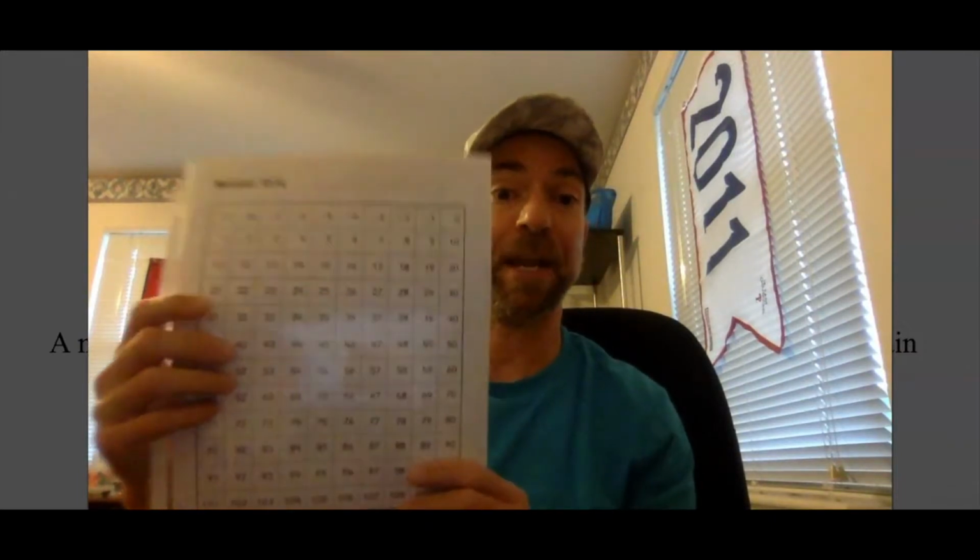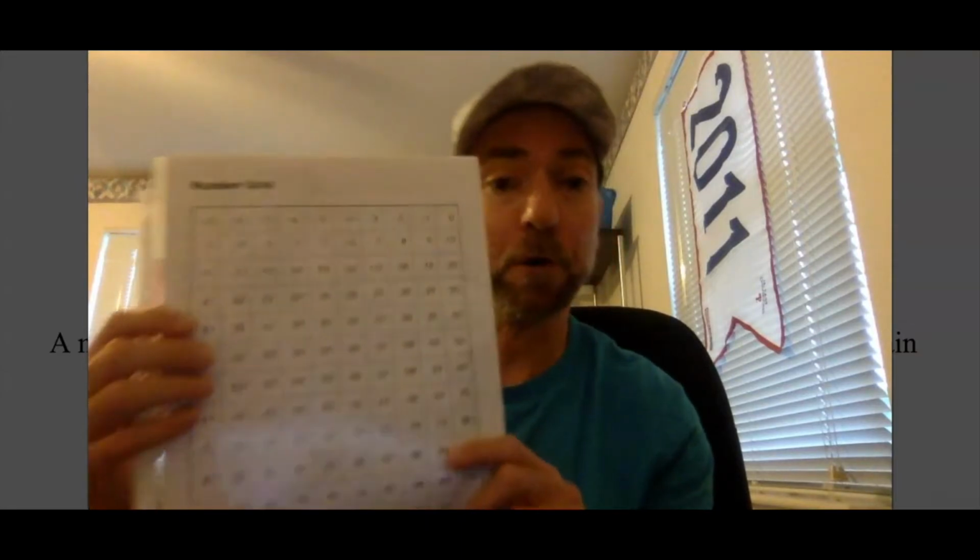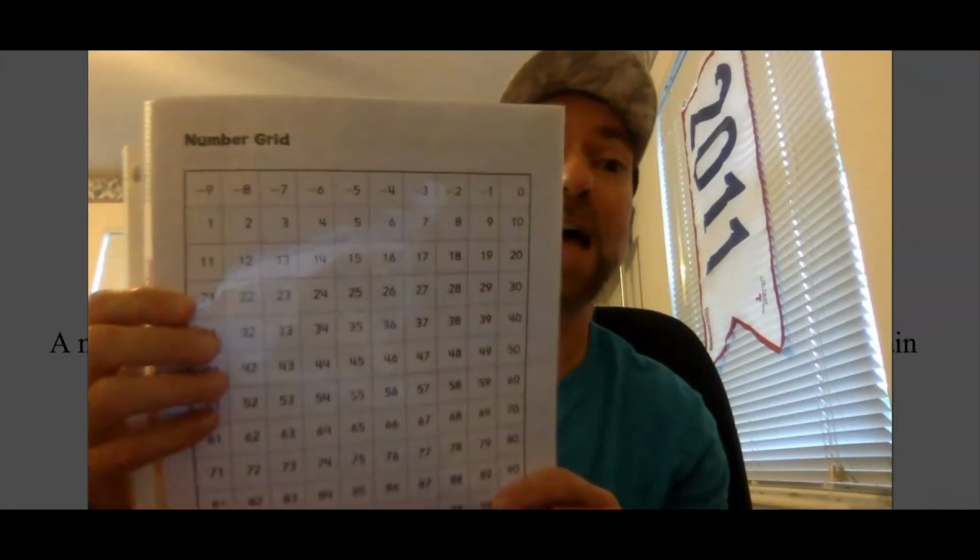Then I can use a dry erase marker to write on my sheet protector, erase it, and write again, over and over. So find that number grid in your Math resource packet and get it ready before I shrink myself into the corner.